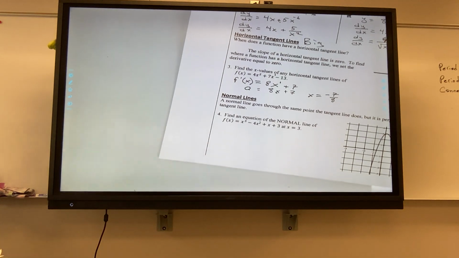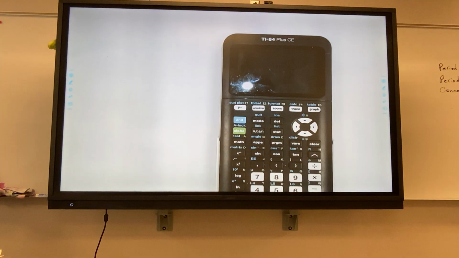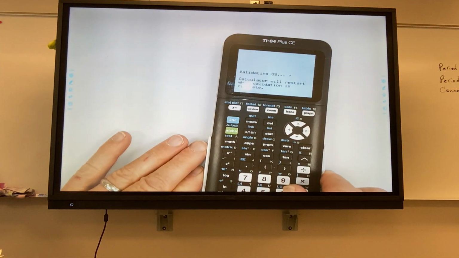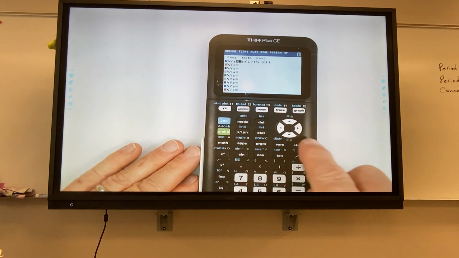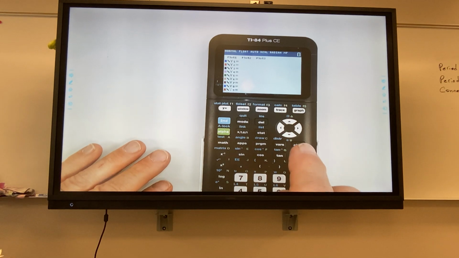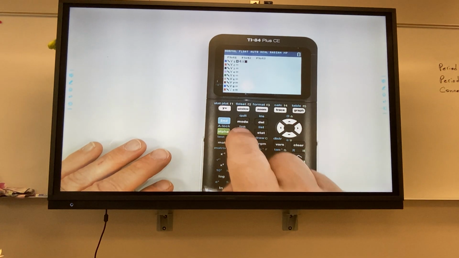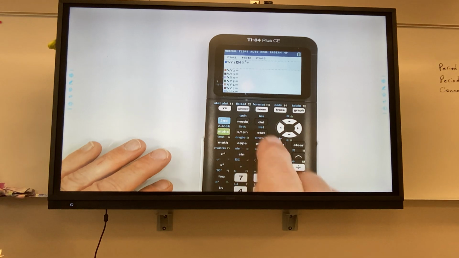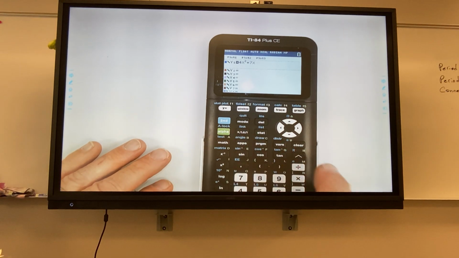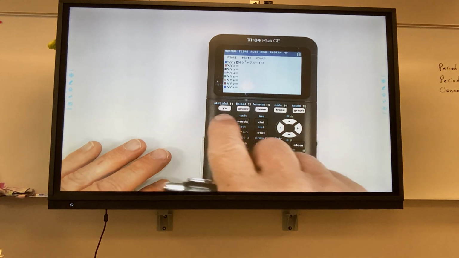Let's go to the machine, because the machine never lies, right? And I'm going to put in 4x squared plus 7x minus 13. Then I'm going to quit.